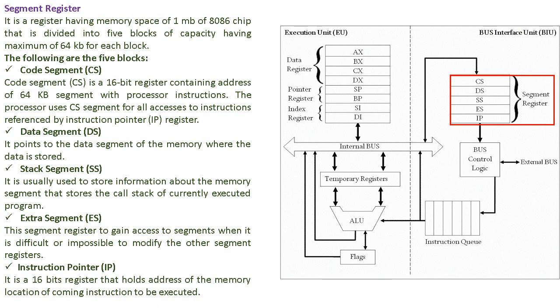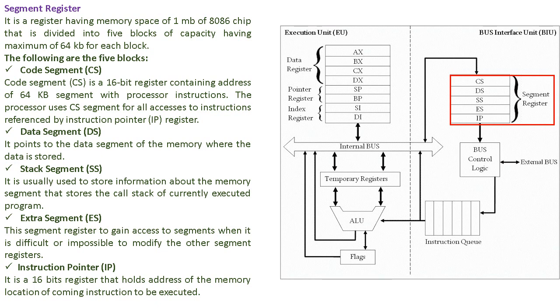And the last block is the instruction pointer, known as IP. It is a 16-bit register that holds the address of the memory location of the coming instruction to be executed.